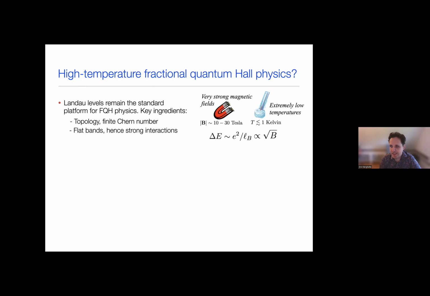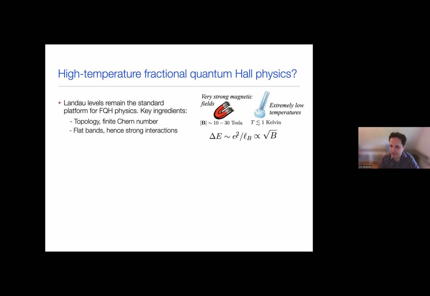So in this setup in Landau levels, you need extremely strong magnetic fields and extremely low temperatures. And since this is an interaction-driven phenomena, the energy gap is set by the Coulomb interaction scale. And if you go through the math and look at what the magnetic length, which is the characteristic length in the Landau level is, it's inversely proportional to the square root of the magnetic field.